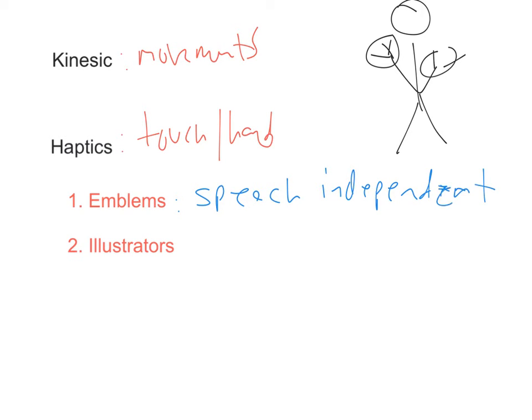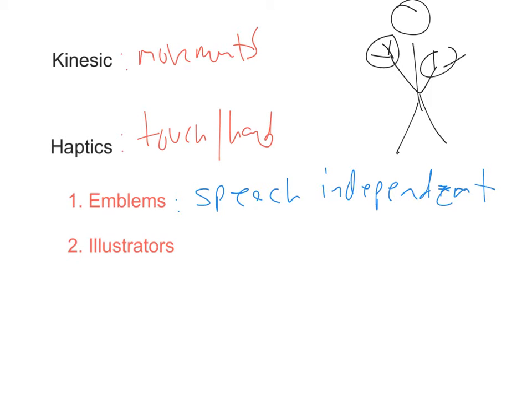So an emblem, for example, has a direct verbal translation or dictionary definition, usually consisting of a word or two. So think of the OK gesture, where you put your thumb and your index finger together and lift your 3 fingers up. We know when somebody does that gesture in North American culture, that means okay.